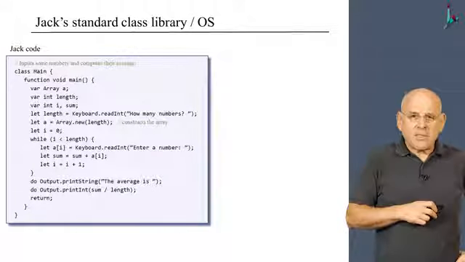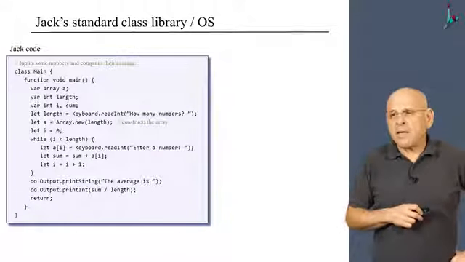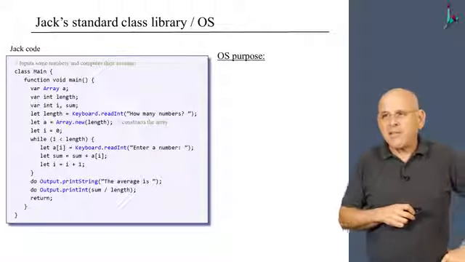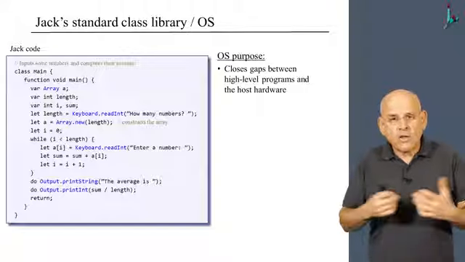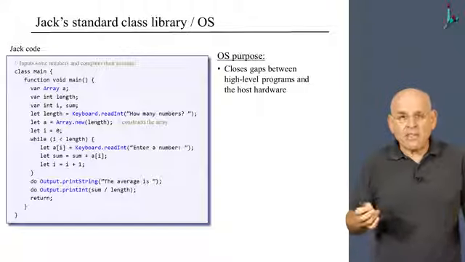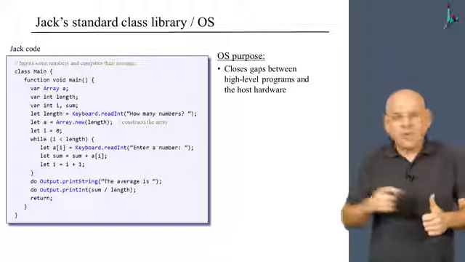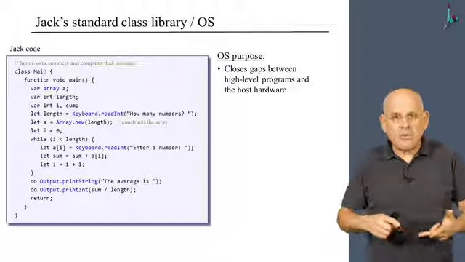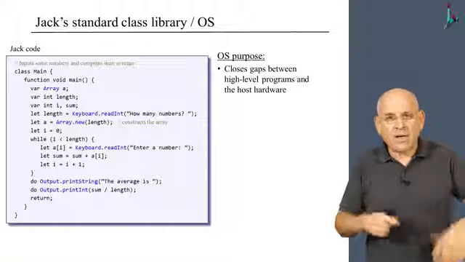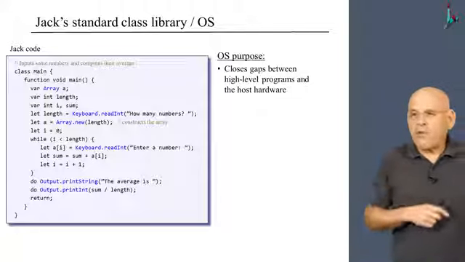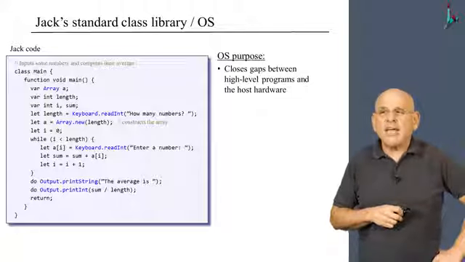Now, the purpose of the operating system is versatile. First of all, it is designed to close various gaps between high-level programming and the host hardware and peripheral devices like the keyboard, the screen, the mouse, the scanner, the printer, the camera, the microphone, and so on and so forth.